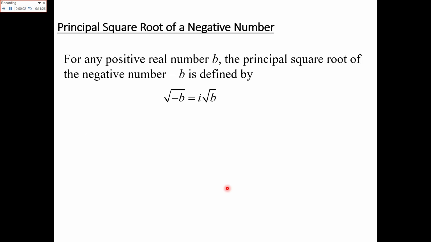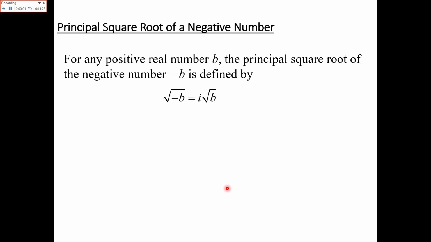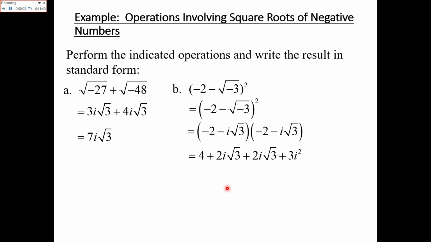Now, the principal square root of a negative number. For any positive real number b, the principal square root of a negative number minus b is defined by iota. Square root of minus b is equal to iota times square root of b. This is the form of operation involving the square root of a negative number.